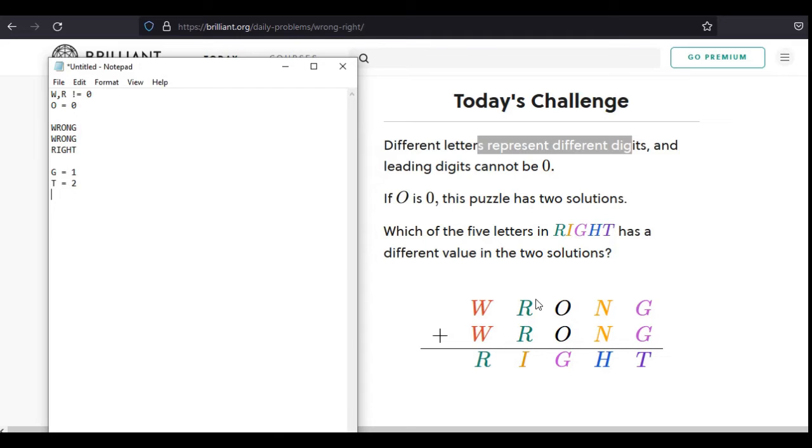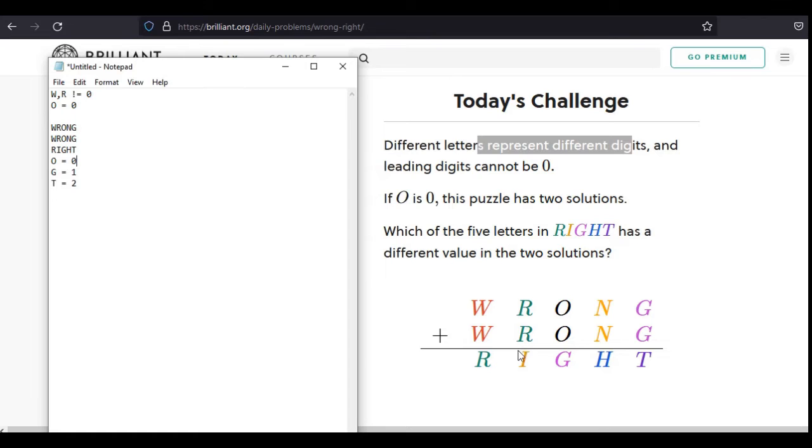Here there is no carry, because this is 0 and 0 and we have figured out G is 1 and O is 0. So R plus R is I, and then W plus W is R. Can I go ahead and say I is an even number?